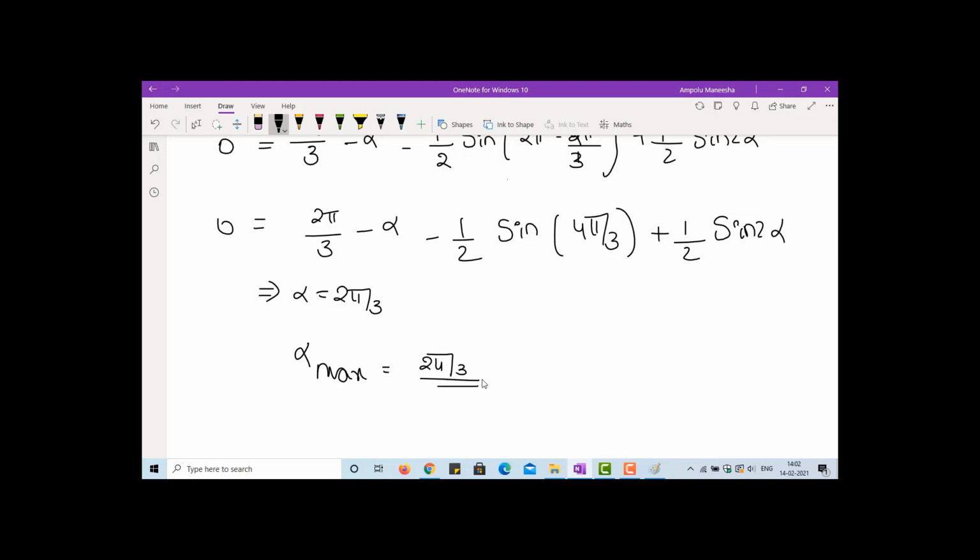We need to find out the alpha min. Alpha min means the load consumes maximum power.